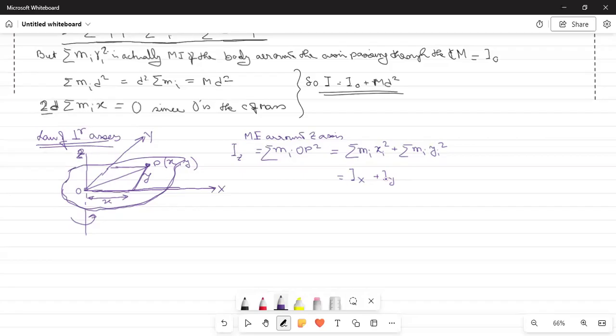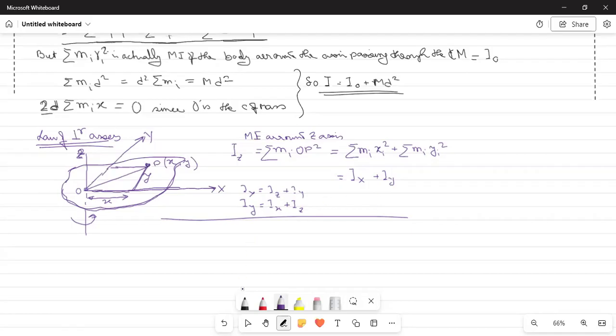That means Iz equals Ix plus Iy. Similarly, Ix equals Iz plus Iy. Similarly, Iy will be equal to Ix plus Iz. This theorem is called the law of perpendicular axis.